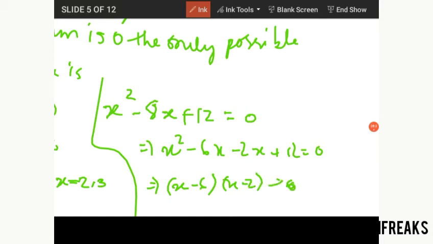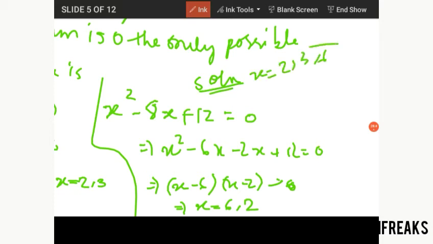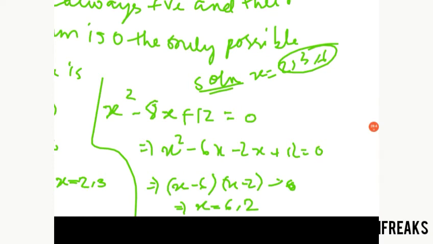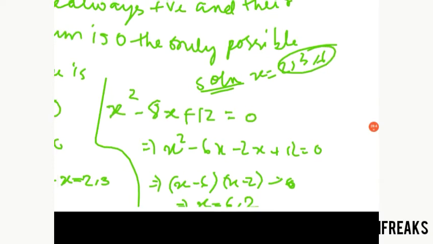Correct? Okay, so from here we are getting x = 6, 2. So the solutions of this equation are x = 2, 3, 6. So three solutions of this equation, right?